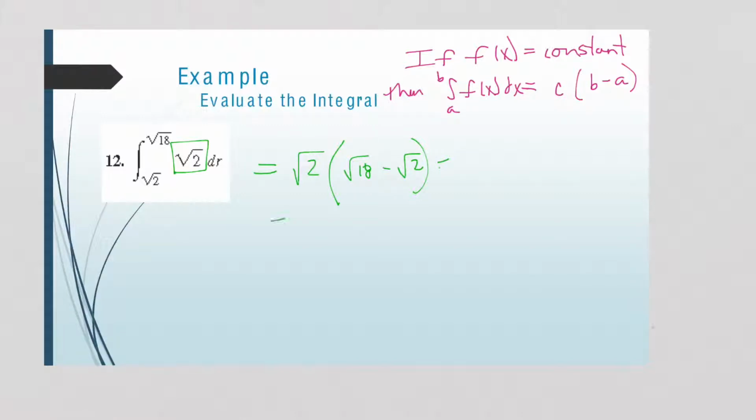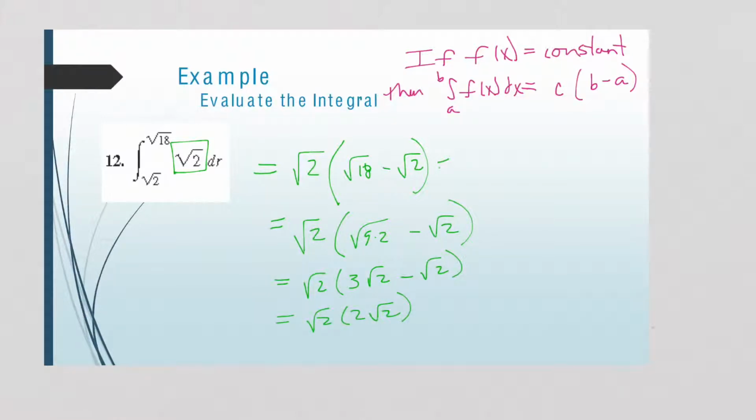If you remember, the square root of 18 is the same as the square root of 9 times 2. So the square root of 2 times 3 square roots of 2 minus the square root of 2 equals the square root of 2 times 2 square roots of 2, because 3 minus 1 is 2. If I multiply by the square root of 2, I get 2 times 2, which equals 4. So the answer to that question is 4.